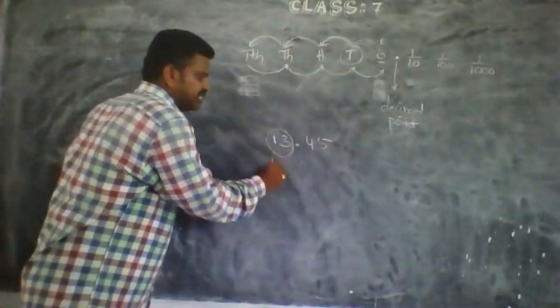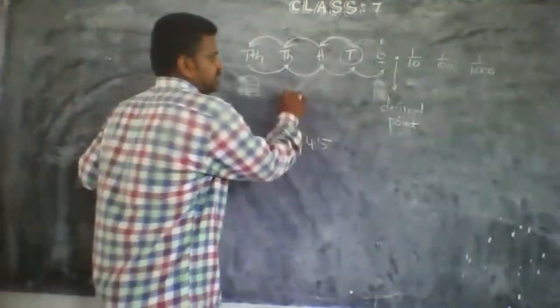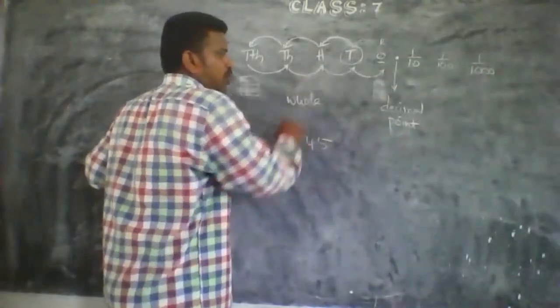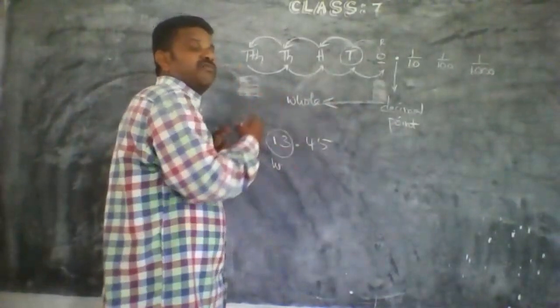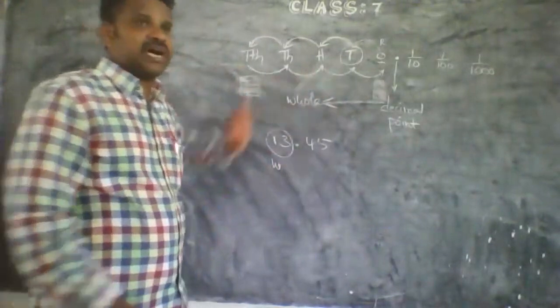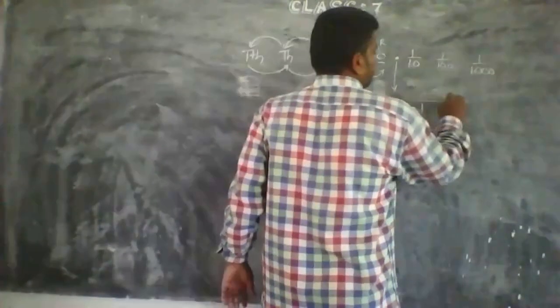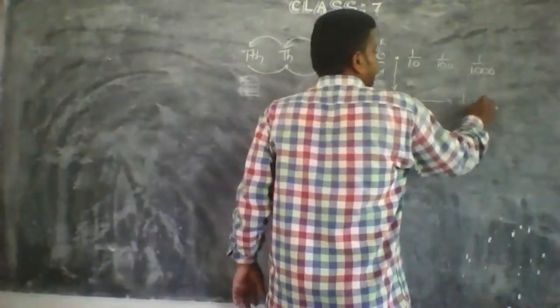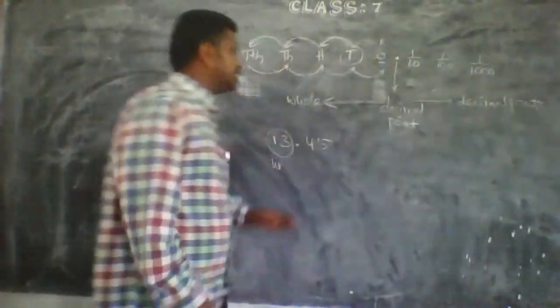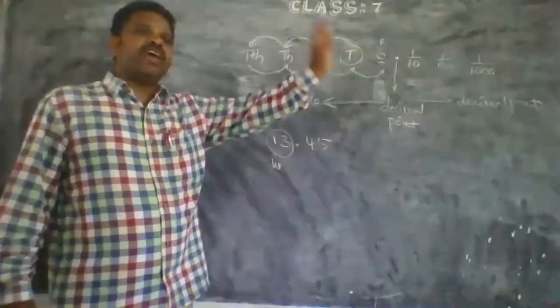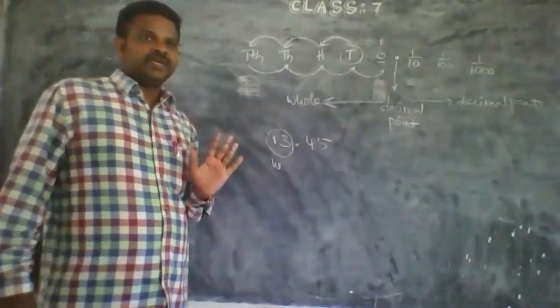Because the part to the left of the decimal point is the whole number part. To the right of the decimal point is called the decimal part. So the decimal part value is always less than 1.